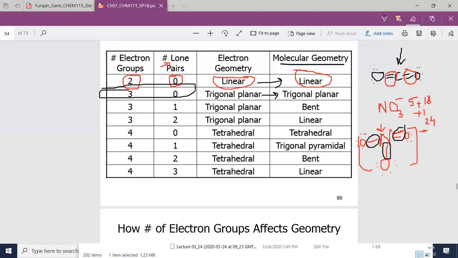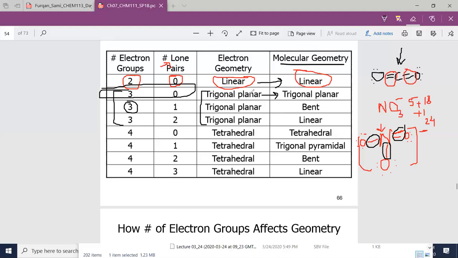So if you look at this trigonal planar shape here, because there are three electron groups total, the electron geometry remains trigonal planar. But if one out of three is a lone pair, then the shape is going to be bent.